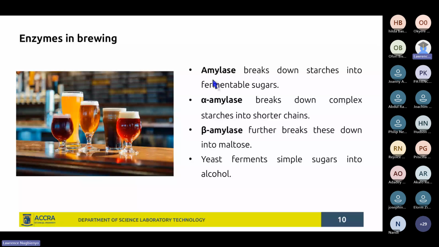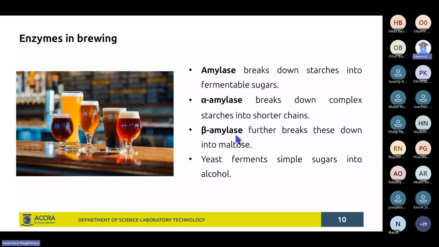And so you do have alpha amylase that breaks down the alpha 1,4 glycosidic bonds. And you also remember that we refer to the beta amylase, which is specific to breaking down the beta 1,4 glycosidic bonds.